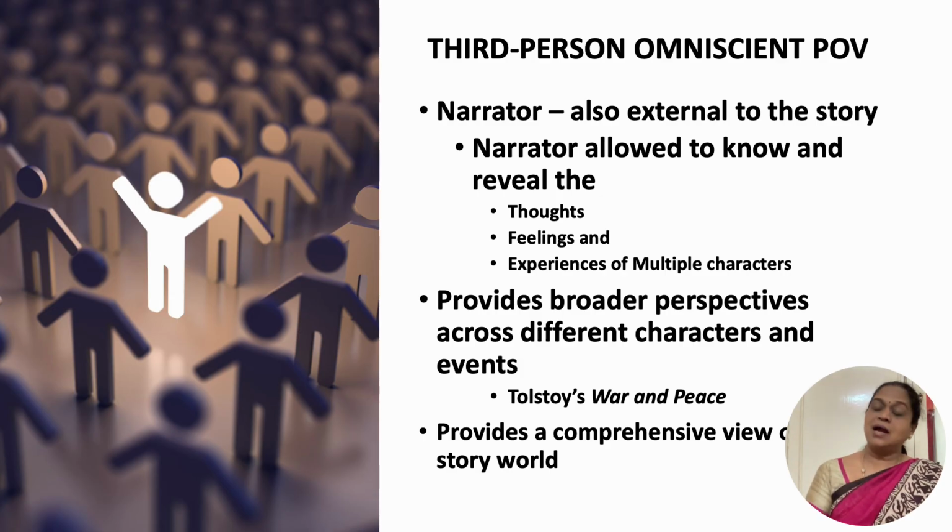Next is the third person omniscient point of view. Here, the narrator also is external to the story, but the narrator is allowed to know and reveal the thoughts, feelings, and experiences of multiple characters, not just one character.